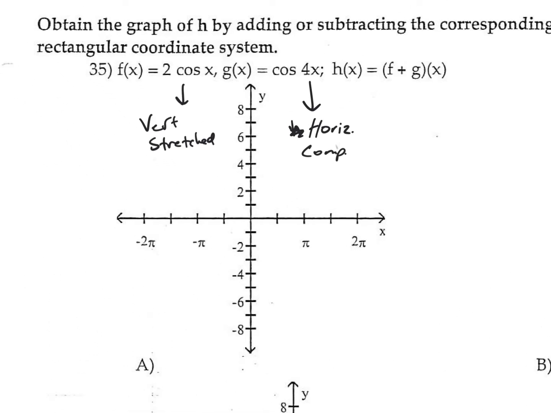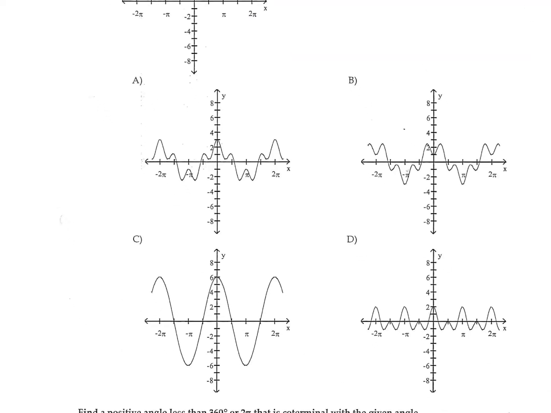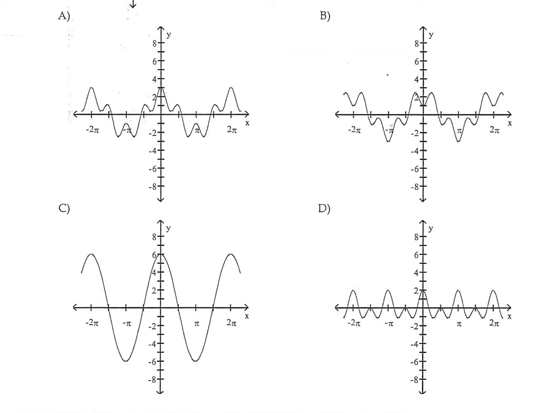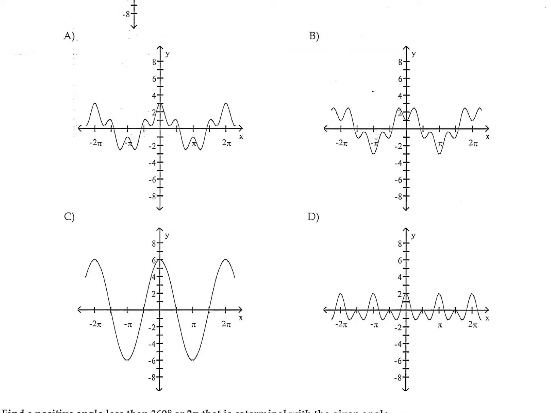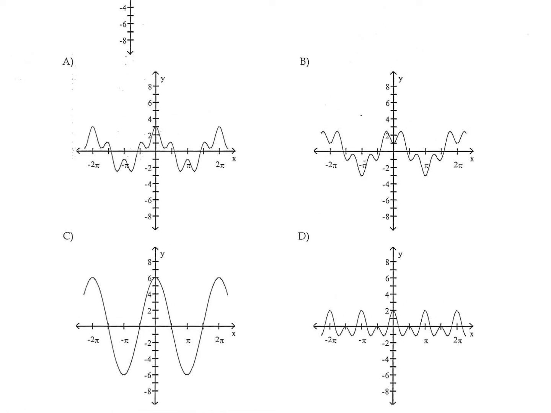I know that both of these functions have not been shifted right or left. So this function and this function both have a maximum at 0. A maximum on this first function would be at y equals 2, and then here at y equals 1. So I need to have a y value of 3 when x equals 0.